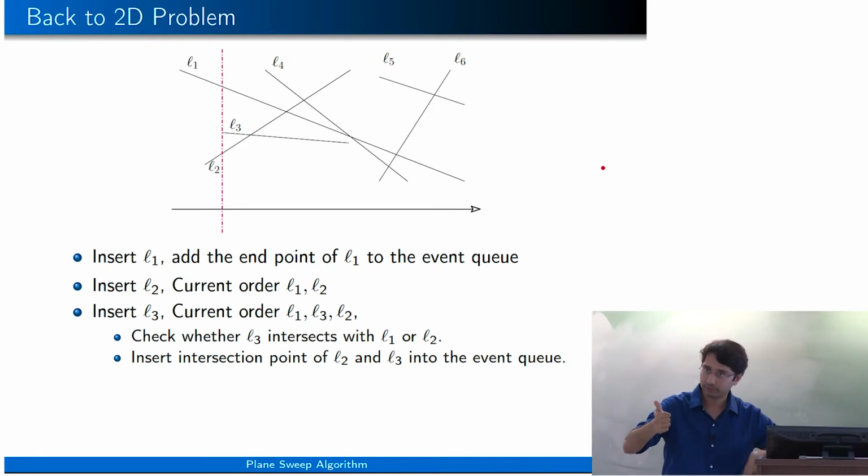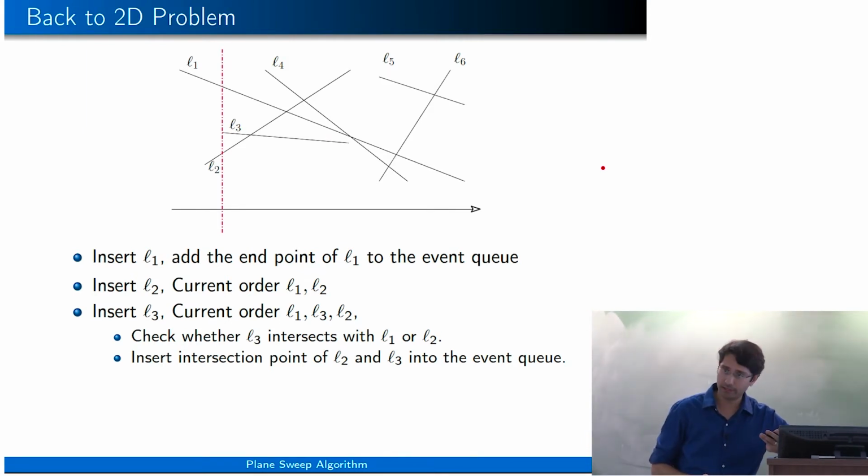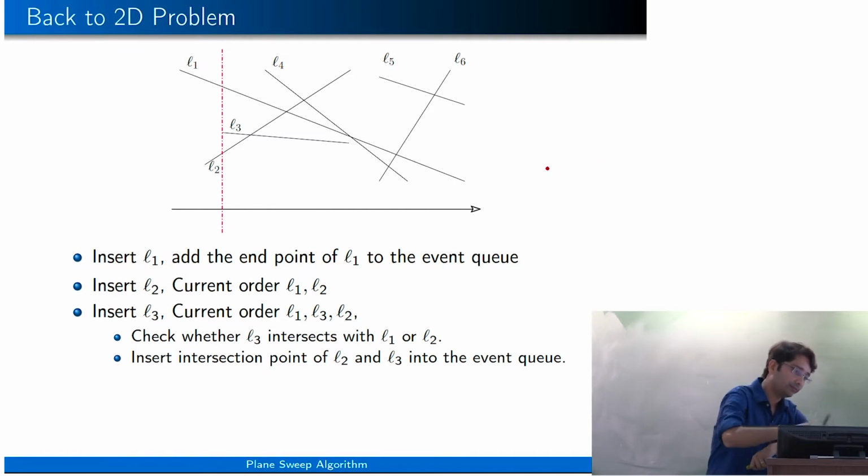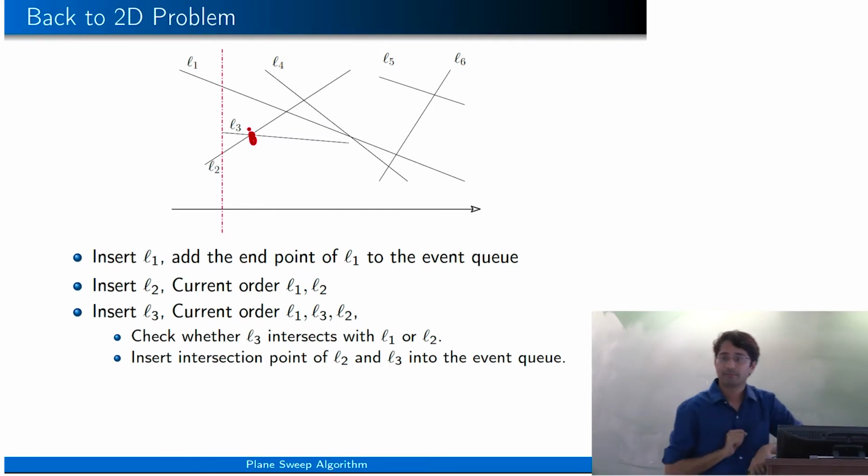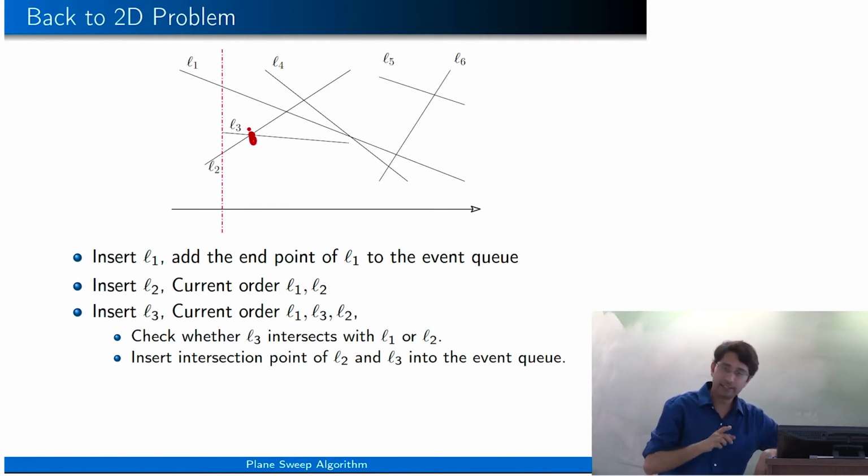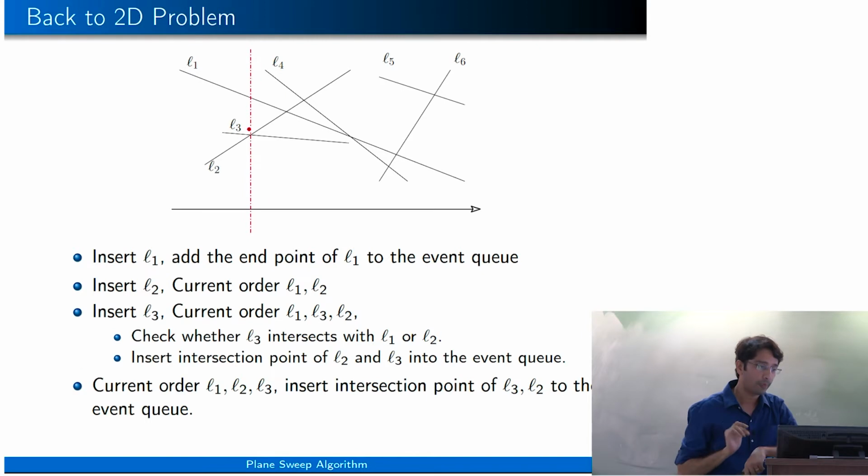Yes, L3 intersects L2. But does L3 intersect with L1? No. So, I will not insert that into the event queue. I will not check whether L3 intersects anyone else.